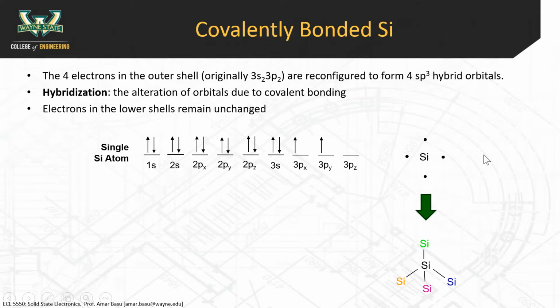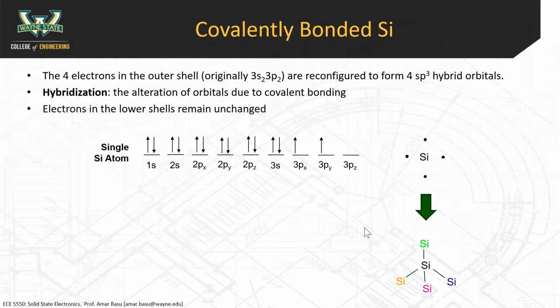The way chemists draw this is that they say silicon has 4 electrons in its outer shell. What they're referring to is that there are 4 electrons in the outer energy level, the last n value. With silicon, n equals 3 is where the outer electrons are, and there's a total of 4 electrons in the outer shell.